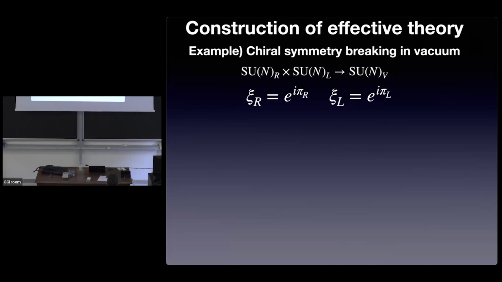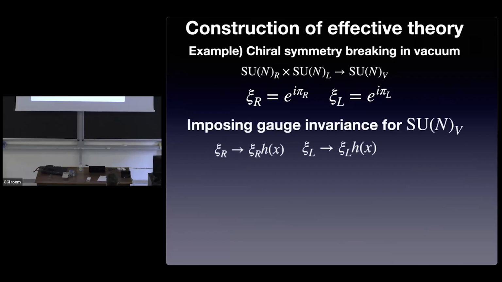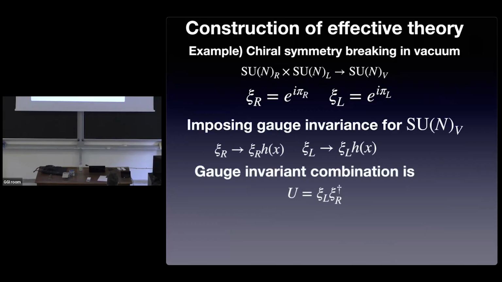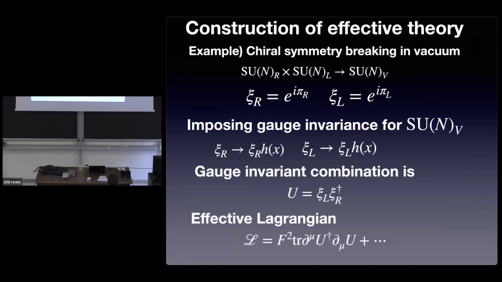Then we can define the element of this one given by this. Then imposing gauge symmetry for the unbroken one, like this, the gauge invariant combination is nothing but this one. Then you can write down the effective Lagrangian for this. This is nothing but a chiral Lagrangian.